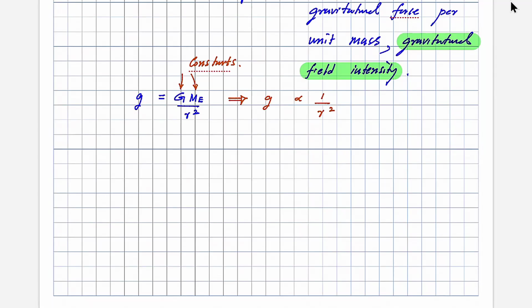That will tell you that this G is a function of r, isn't it? G is a function of r. So when r is increasing, what will happen? G is decreasing, right?